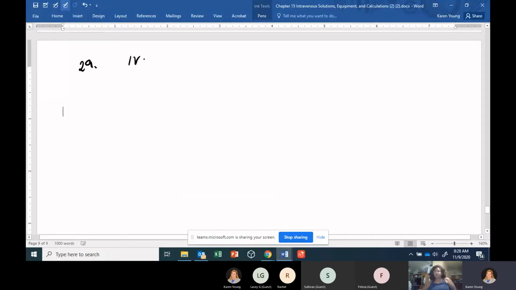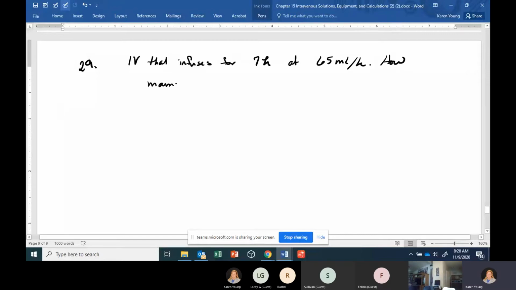If we have an IV that infuses for 7 hours at 65 milliliters per hour, the question's going to look something like how many milliliters have infused, or how much volume has infused.